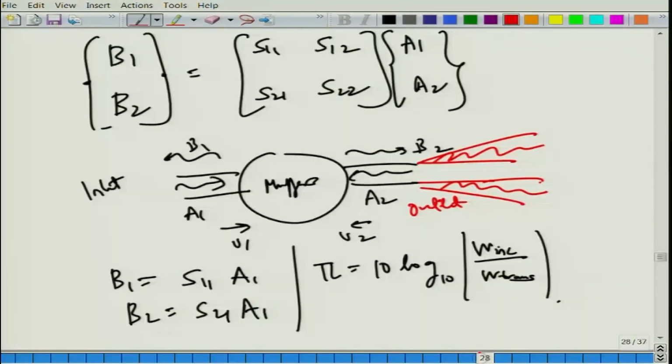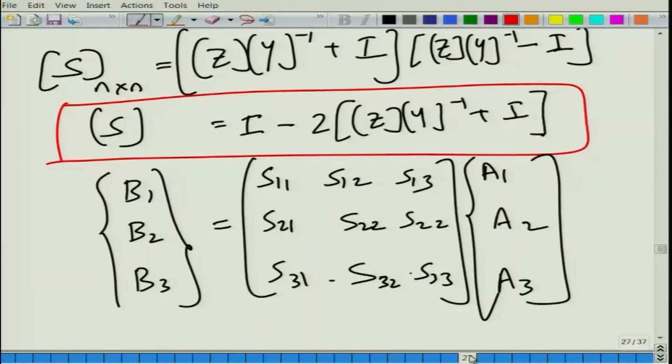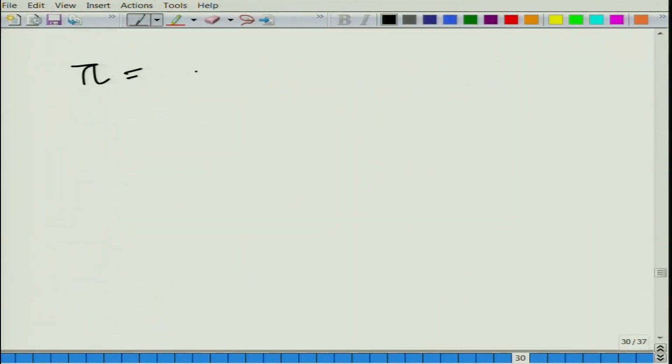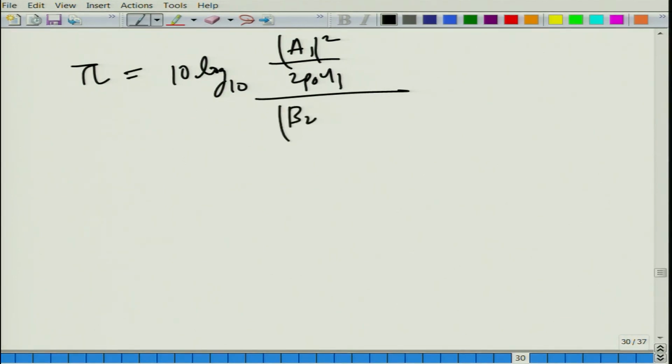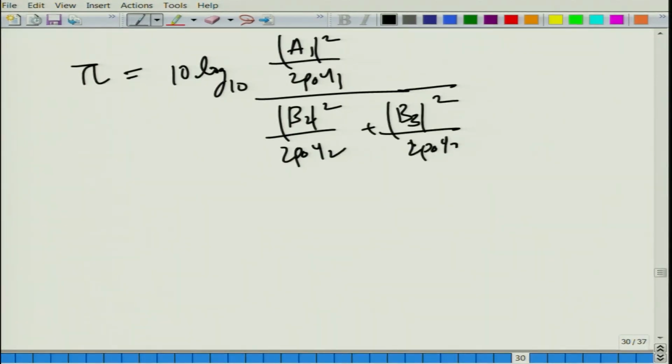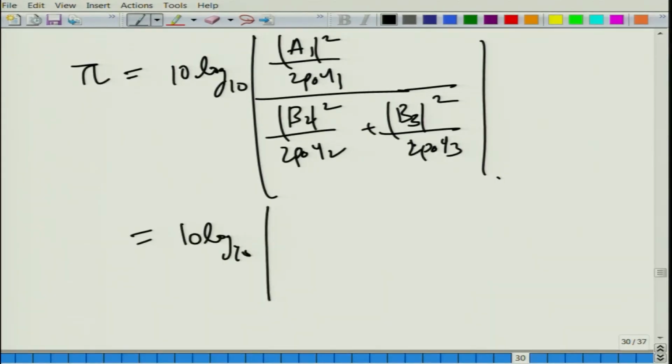Now, there is another thing I want to talk about: systems with a double outlet. For such a system, single inlet and double outlet, the transmission loss is given as 10 times log 10 of A1 mod square by 2 rho naught Y1, and then you have B2, and you can write this in terms of S1.